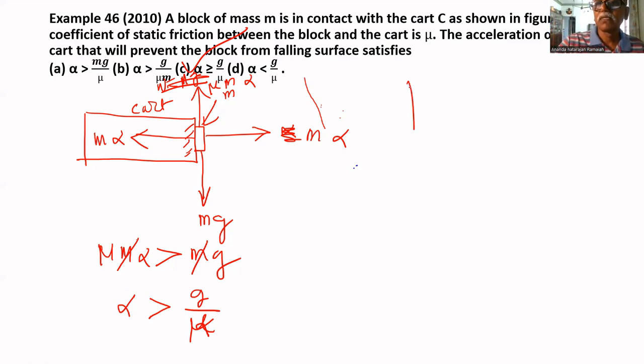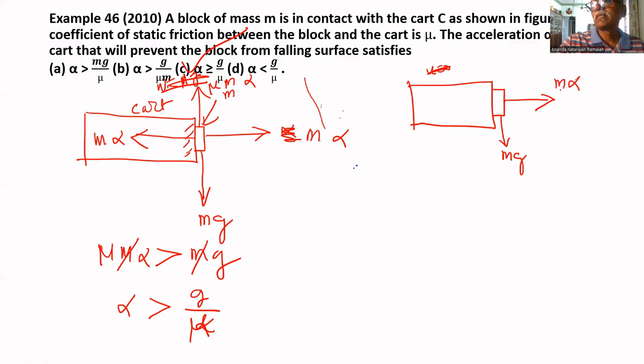Once again, this is the cart and a mass is like this. The downward force is mg. If the cart stands still, u equal to 0, then it will fall. But the cart is moving towards the right with an acceleration alpha. Therefore, the force towards the right is mass into acceleration, and the reaction force from the surface is m alpha.